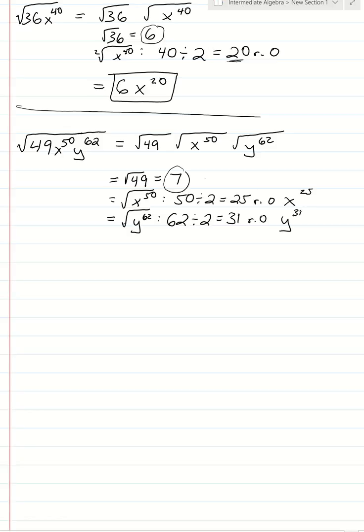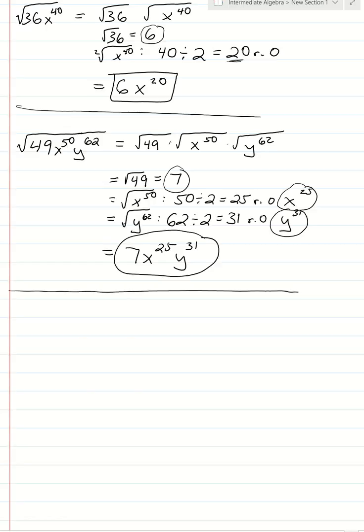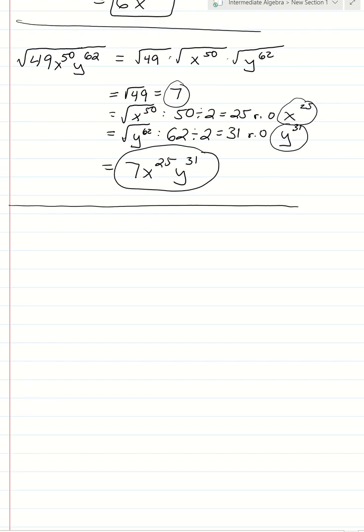So now I have to take my 3 separate solutions, and since they're all being multiplied up here, we would have to multiply them for the final answer, giving us a 7 x to the 25th y to the 31st power. Let me give you one to try.